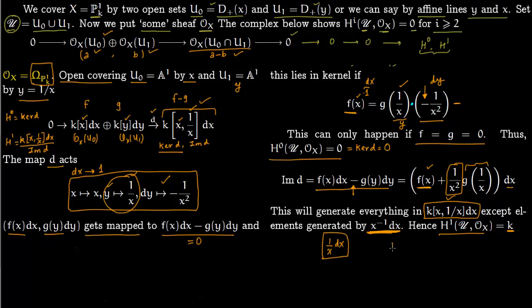So basically it means that we are generating everything in this, but when you modulo out your image, you are just left with these polynomials 1 by x dx, and this corresponds to k, because you can put any scalar here in the numerator.